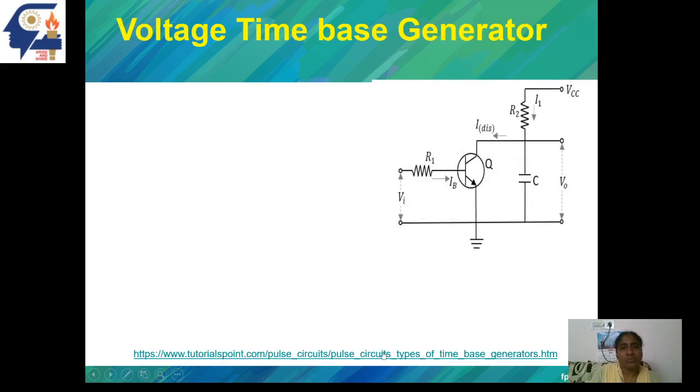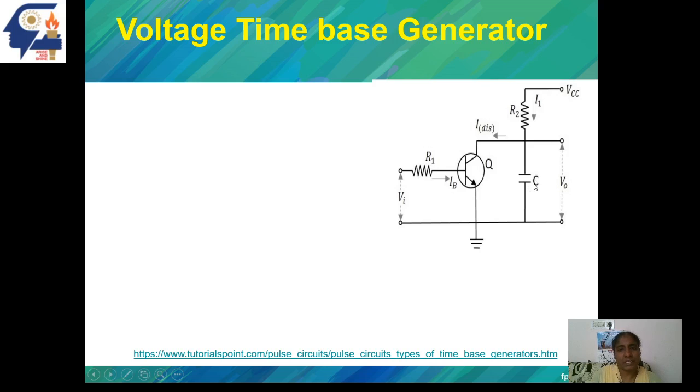We will go with voltage time-base generators. This is a simple voltage time-base generator. It is designed using a resistor and capacitor and a transistor followed by another resistor R1. Vi is the input and V0 is the output. VCC is the supply voltage.